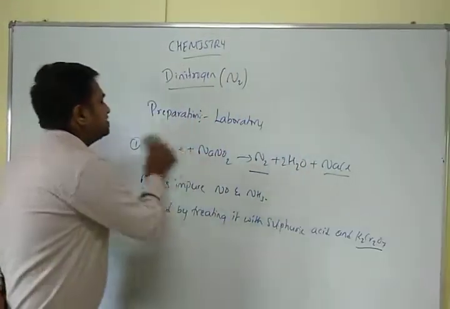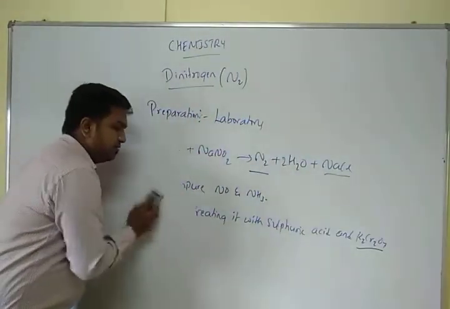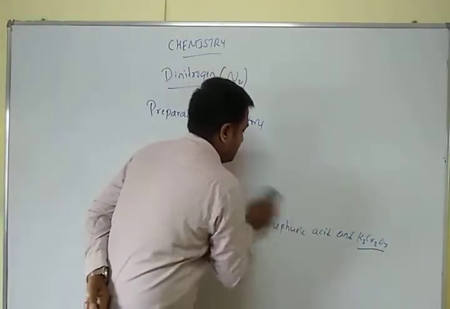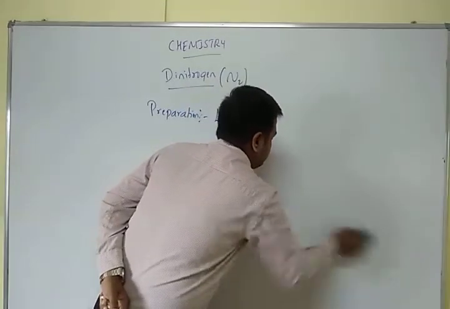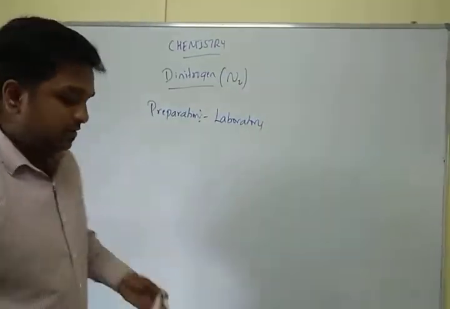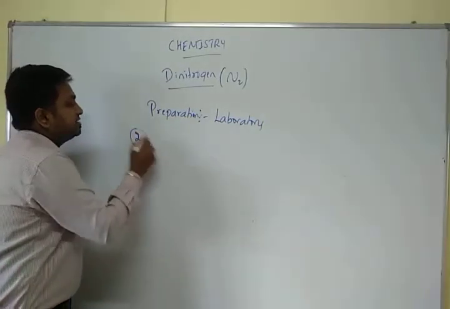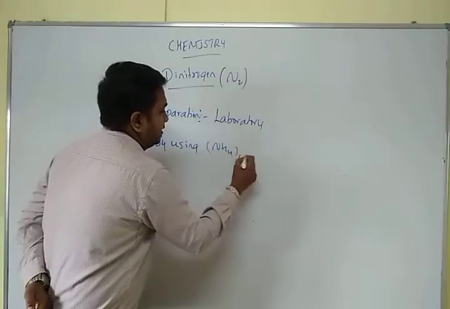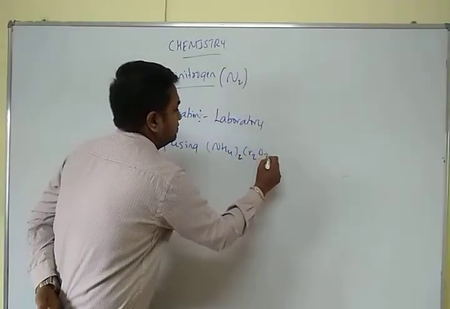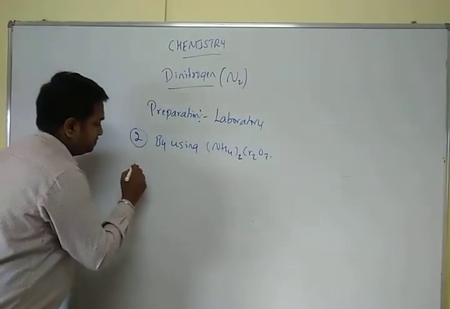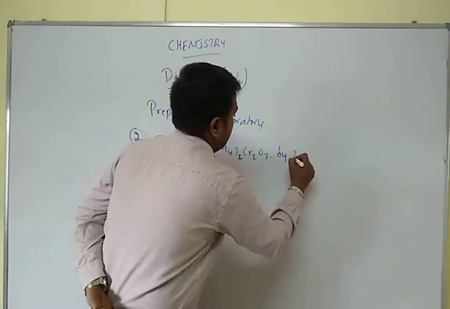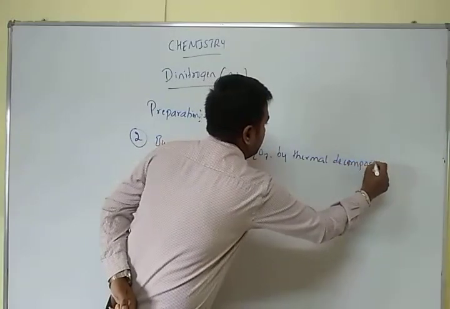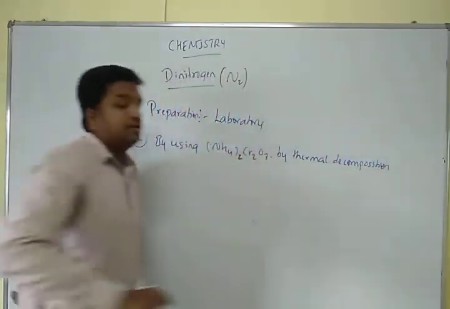We can prepare dinitrogen in the laboratory by using ammonium dichromate also. Clear? So the second one is by using ammonium dichromate, by the thermal decomposition method.